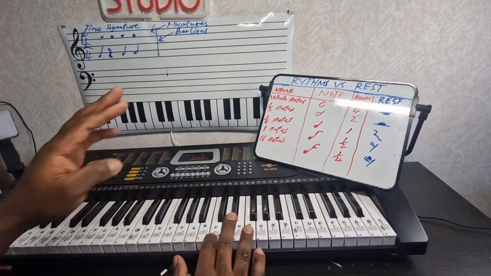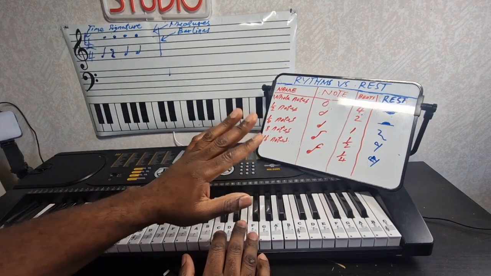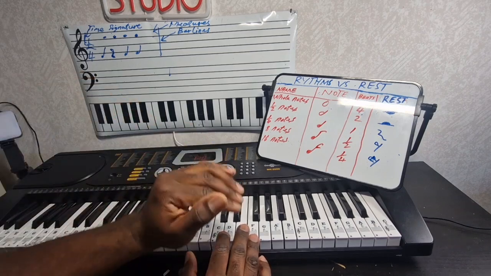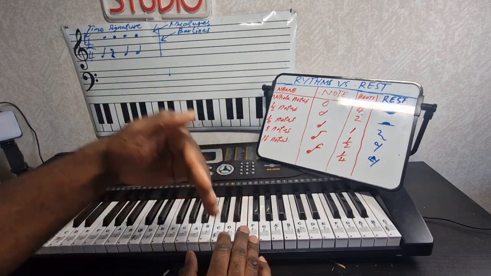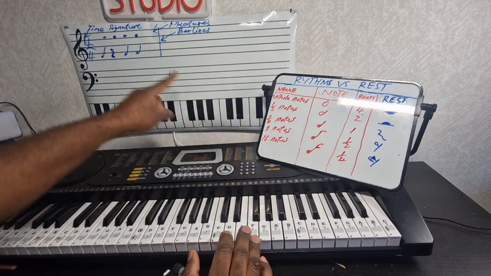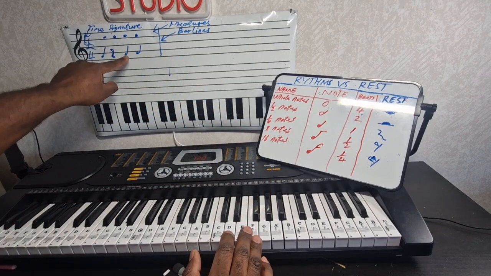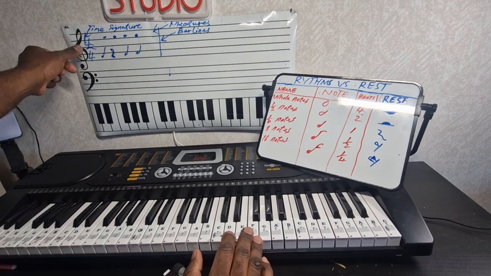Did you get that? So you play 1 half note, and then you rest for 1/4 note, and then you rest for 1/4 note as well, and then you continue to play 2 more 1/4 notes. That sums up 4 notes in 4 beats. Okay, so this is the time signature.